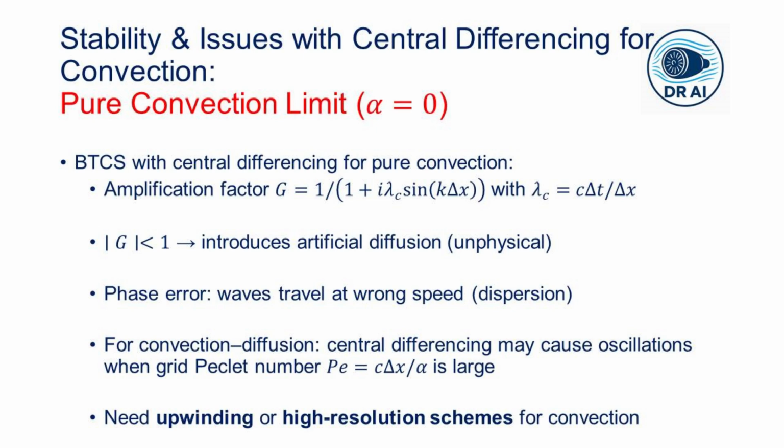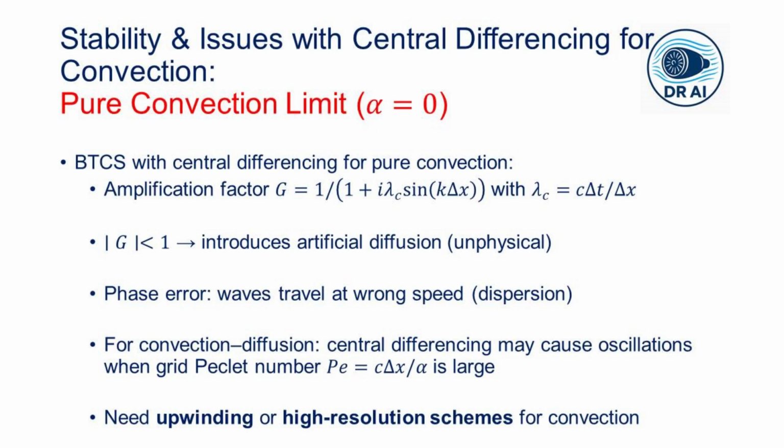Worse, if we examine the phase speed, we find that the numerical wave speed is not the correct physical speed. It depends upon the wave number, causing dispersion errors. And for certain ranges, the scheme can actually be unstable if the convective term is treated with centered differences in an implicit way. Let us be very precise.